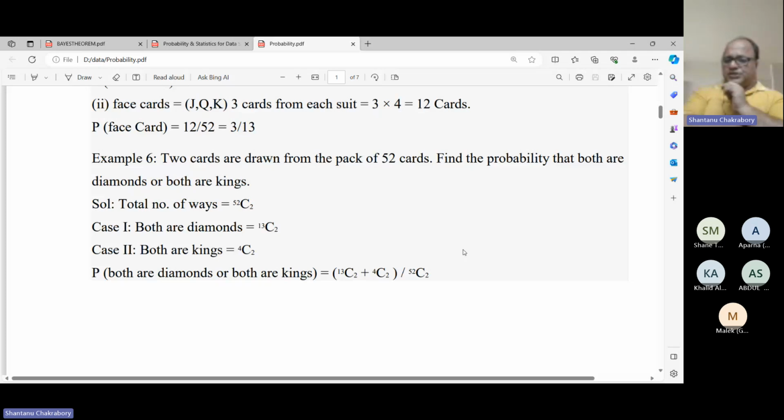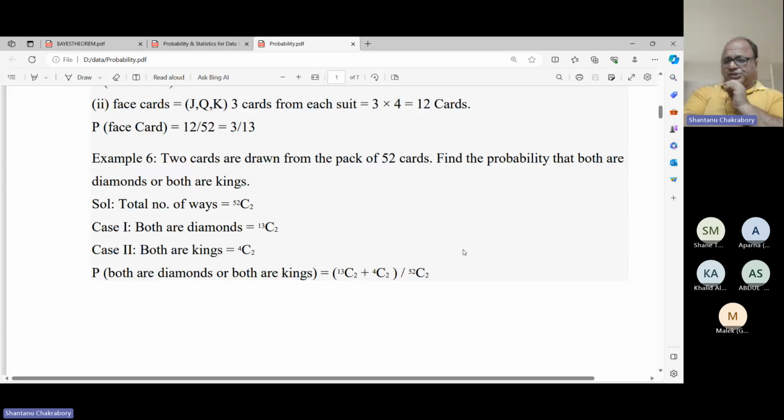So 13 combination 2. How many cards are kings? There are 4 kings out of 52 cards. So basically out of these 2 cards that we have picked from a pack of 52, both can be kings. So what is the combination? 4C2. So if you add 13C2 plus 4C2 divided by 52C2, you get the probability.